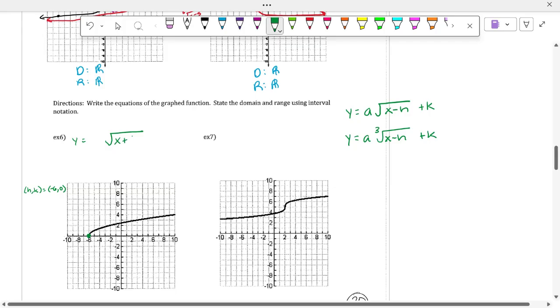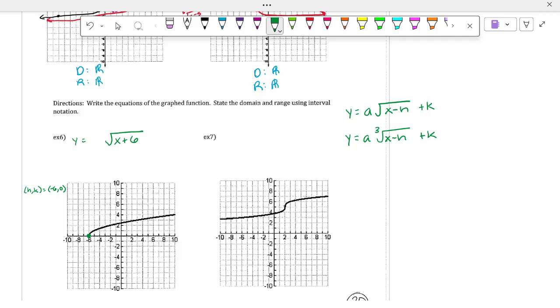So x plus 6, and then is there a k value or anything added outside? No, because add 0 is the same thing. Now, we then need to make sure our a value isn't anything. So first off, will our a value be negative? No. Based off the direction the graph's going in, it's definitely not negative.